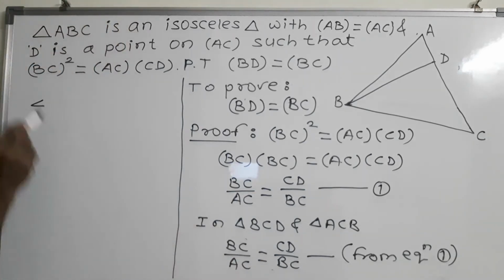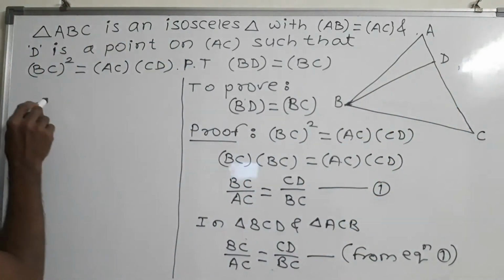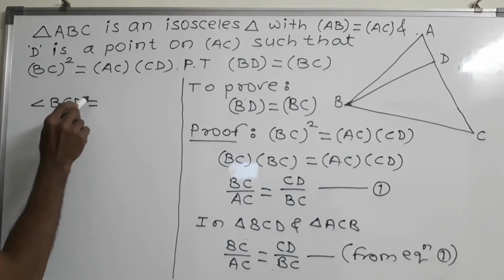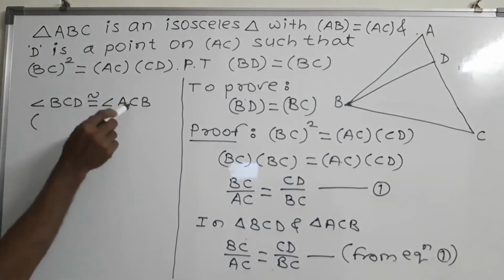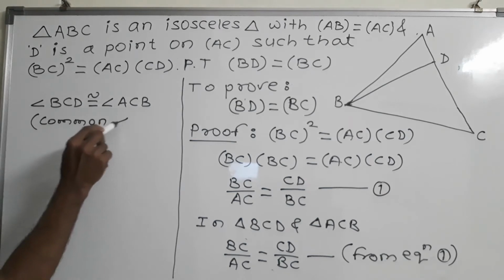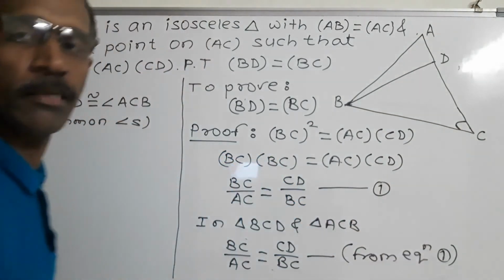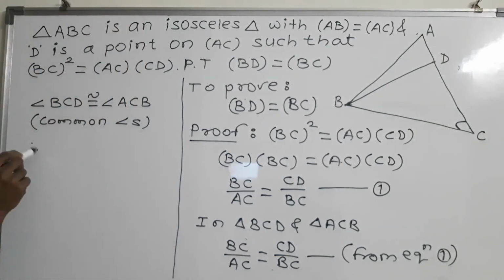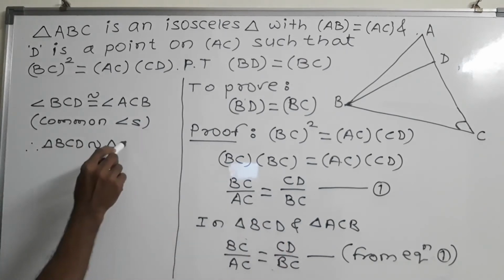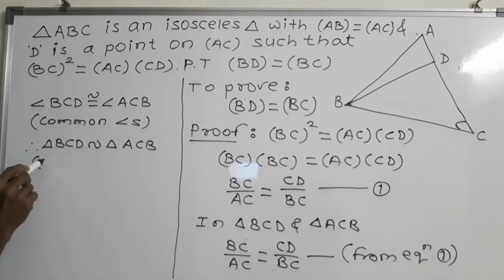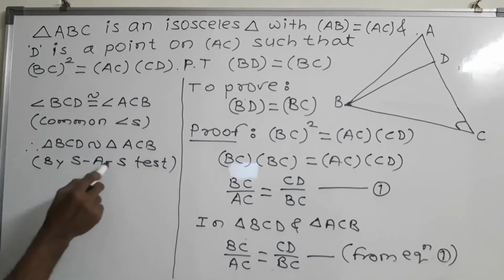Now see this, in BCD and ACB, in these two triangles, angle BCD is congruent to angle ACB, that is common angle C. Therefore we write triangle BCD is similar to triangle ACB by SAS test for similarity.